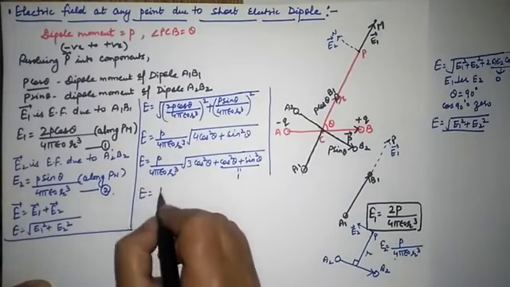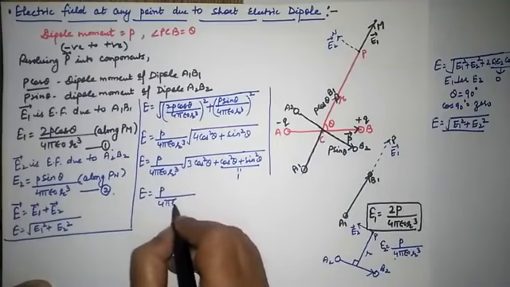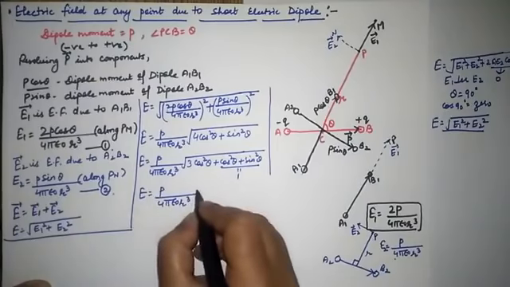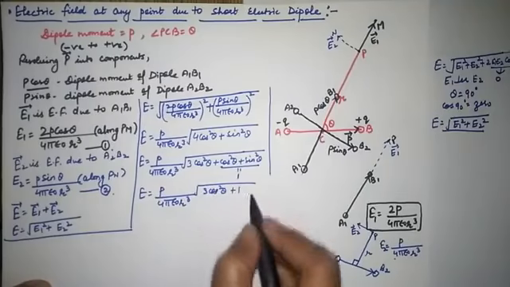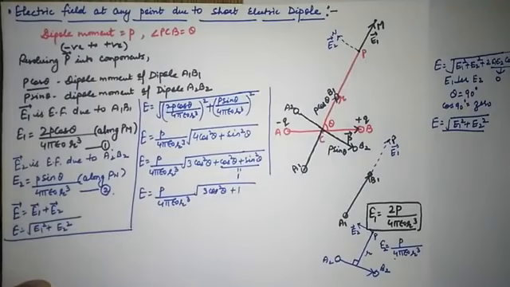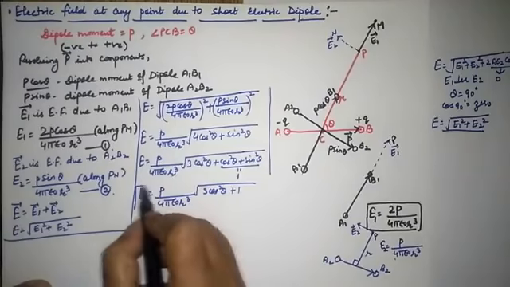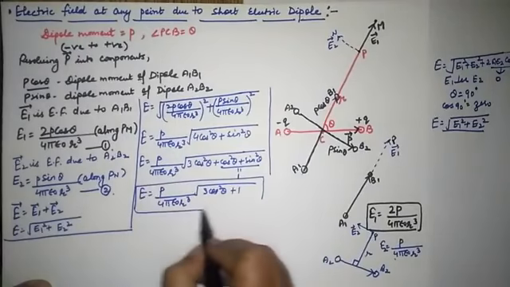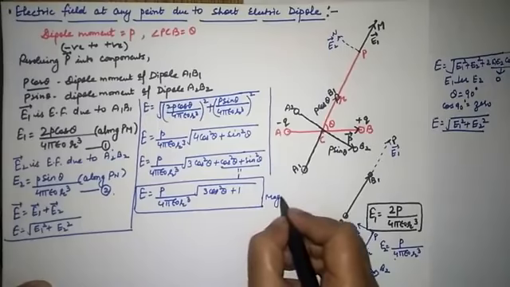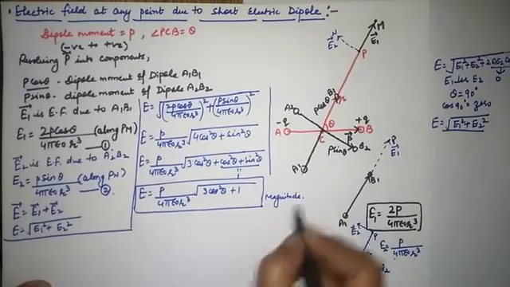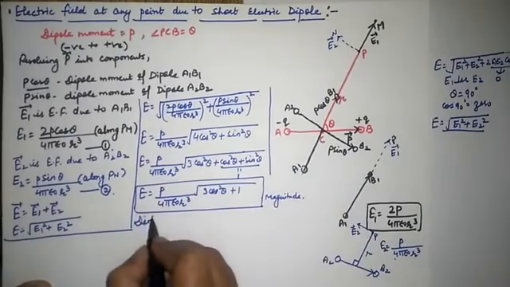So E is equal to p upon 4 pi epsilon naught r cube square root of 3 cos square theta plus 1. This is the expression for electric field at any point due to an electric dipole, due to a short electric dipole. Also, this is the magnitude of electric field. Now we can find out the direction of electric field.